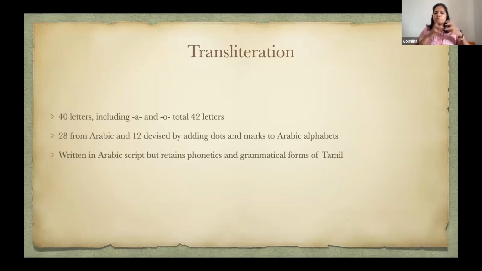Because in Arabic there are certain sounds that Tamil doesn't have, and there are also sounds in Tamil that can't match the Arabic letters. So for the phonetics, the sounds, to match both, if you have a script, the sounds and the grammar, everything should match, right? So to match it, 12 new letters were formed.